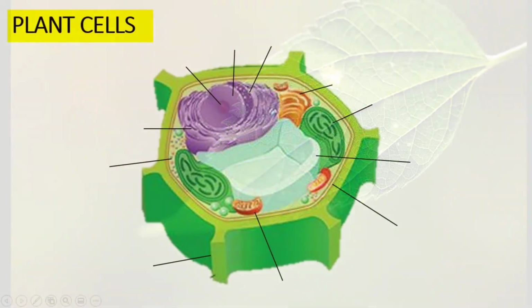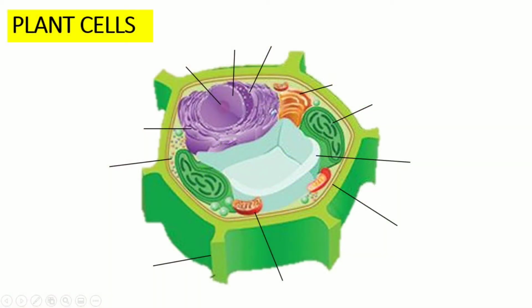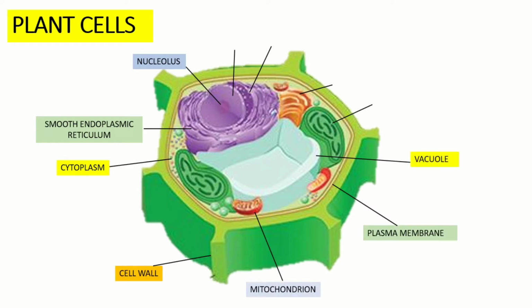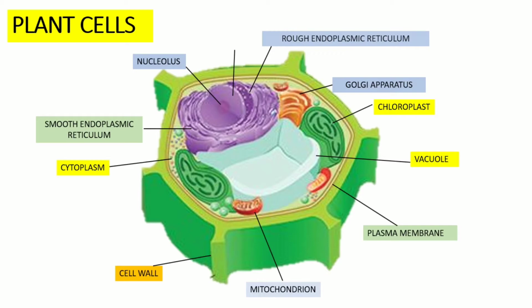It consists of the nucleus, smooth endoplasmic reticulum, cytoplasm, cell wall, mitochondrion, plasma membrane, vacuole, chloroplast, Golgi apparatus, and rough endoplasmic reticulum.